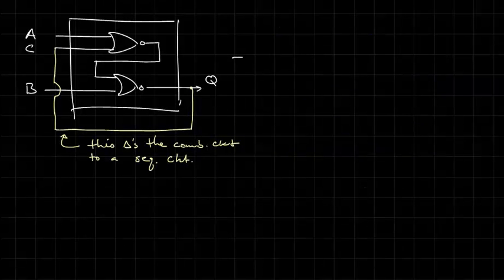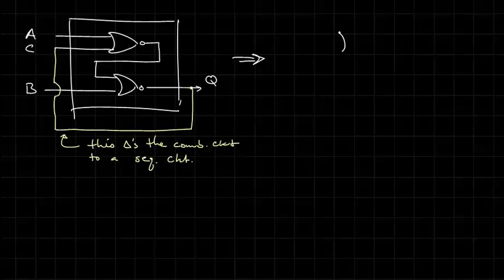okay, now let's redraw this circuit just to clean it up. It'll be the equivalent circuit, but I'm going to just rewire or re-lay out the wires. So we have input A. I'm going to call that S for reasons that will be apparent in a little bit.